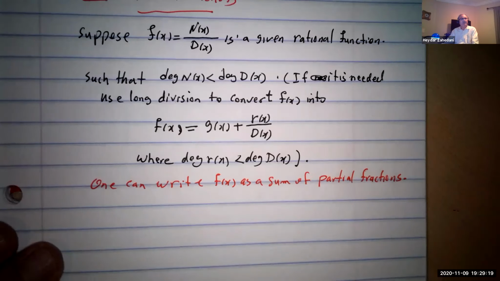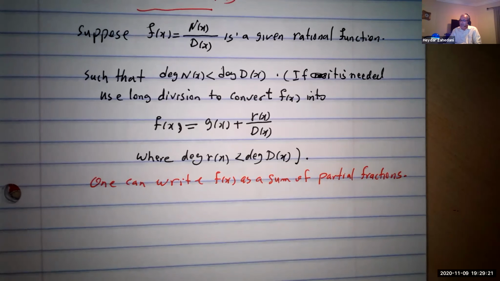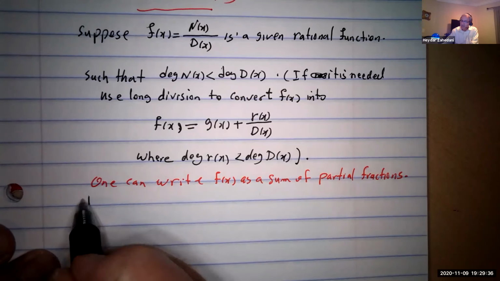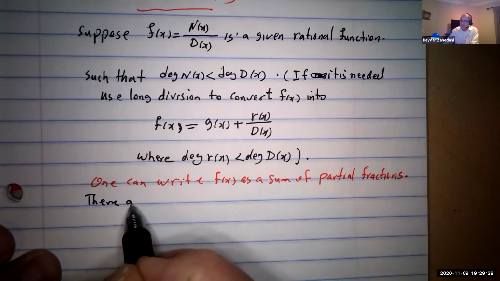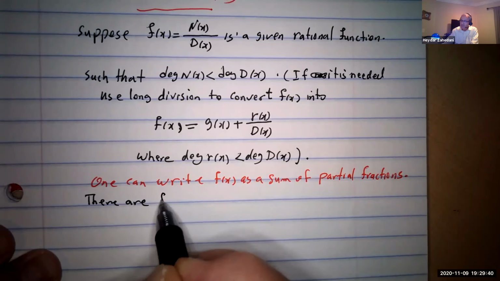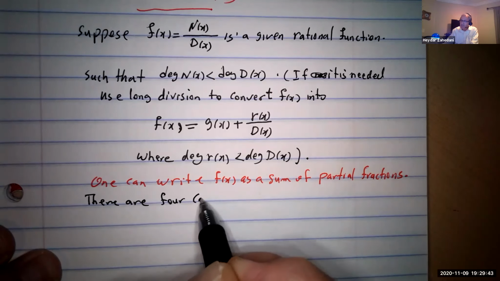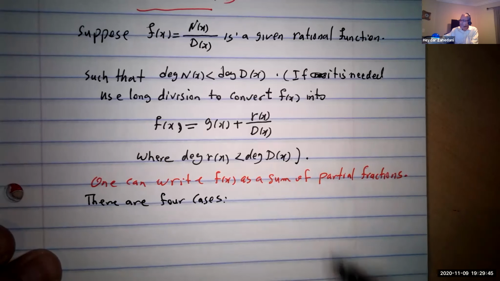The partial fraction is going to be the easier one, if you like. There are something like four different cases that we'll be able to do. So there are four cases.